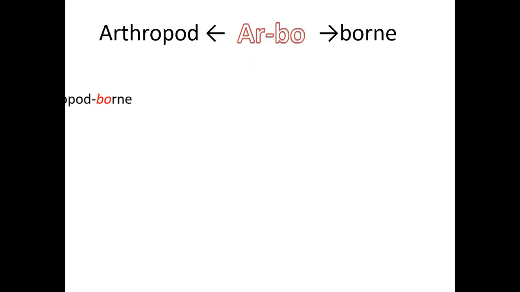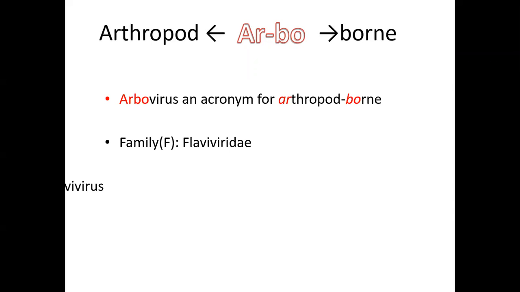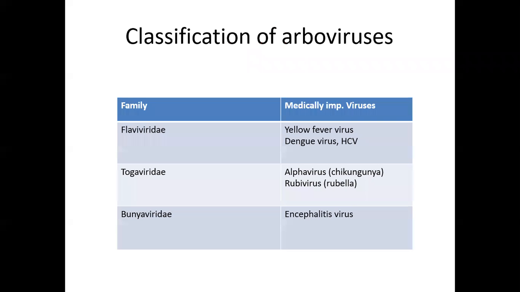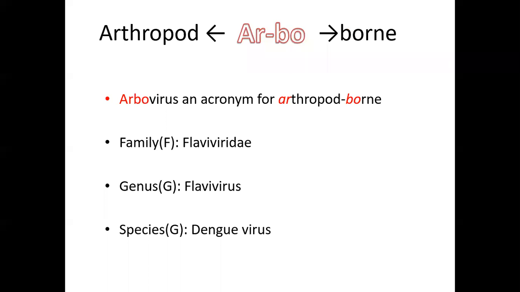So it is arthropod borne. The vector is the arthropod animal, the insect. So the AR means arthropod and BO for borne.